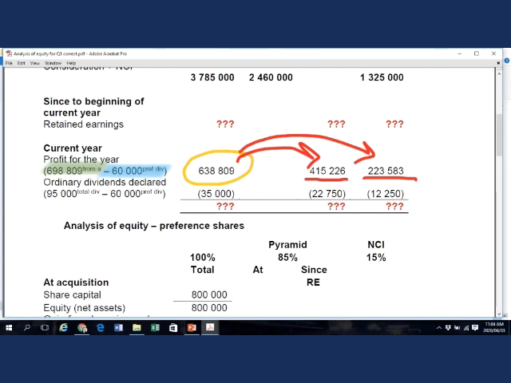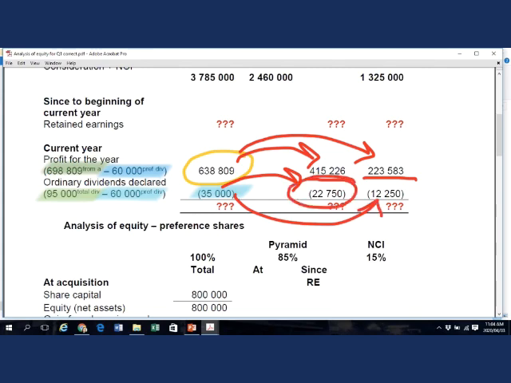In this question, there was a total dividend given of 95,000. What you had to realize is that to get to the ordinary dividend, you had to first deduct the preference dividend. That then gave you the 35,000 ordinary dividend declared by S. Again, this gets attributed to the parent and NCI.